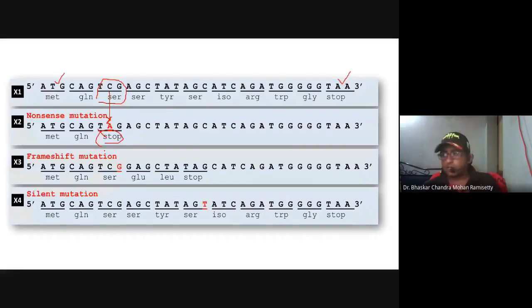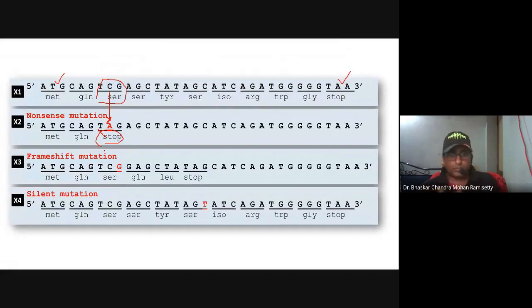What kind of substitution is it? Transition or transversion? It is a transversion, because a purine is substituting a pyrimidine. A and G are purines, T and C are pyrimidines.